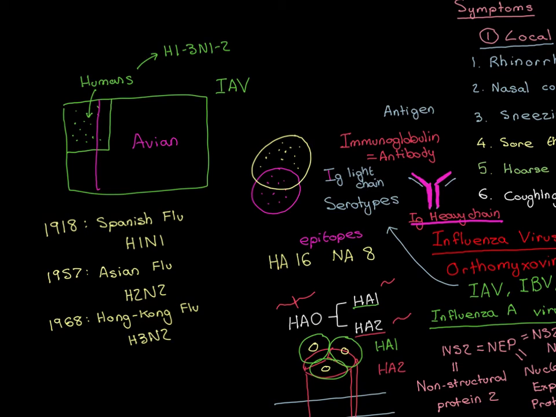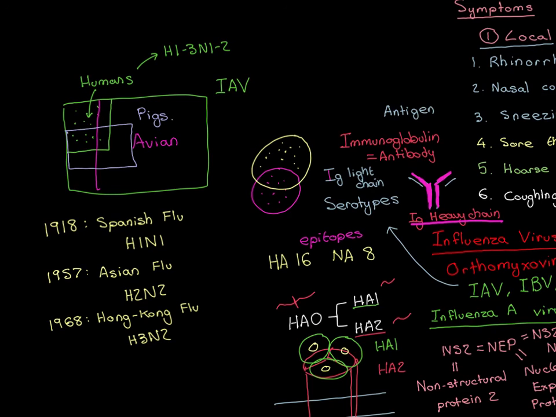Loads of other species, such as non-human primates, dogs, horses, can all be infected by influenza A viruses as well, but I'm not going to put those on this picture because they're not important. The important one that I want to put on this picture is pigs, and I'll put this like so. So this purple box here represents the strains of influenza A viruses that are capable of infecting pigs.